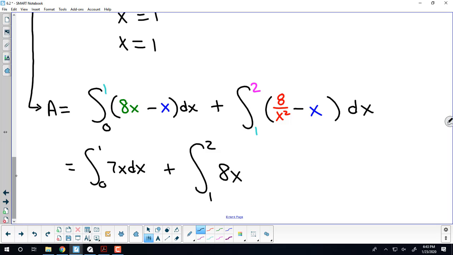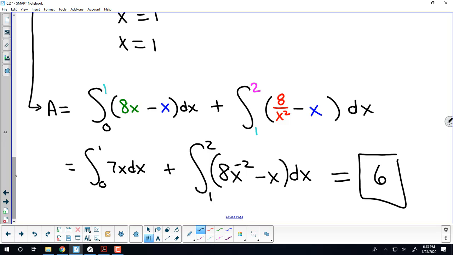So this is 8x to the -2 minus x dx. Okay, and that's our setup. I think I'll just stop there. Everything else is just a power rule, so it should be straightforward. Let's see. Yeah, if you're going to work that, you should get it to come out to be 6. Do y'all have any questions on that example?